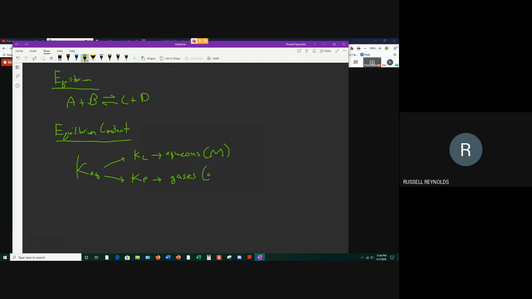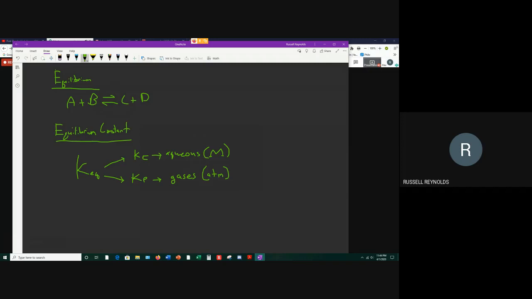And so you'll oftentimes in this course see gases in atmospheres, ATM, which is the unit we mostly use for gases. So when you see gases, think Kp and vice versa. When you see Kc, think concentration, because the C stands for concentration.